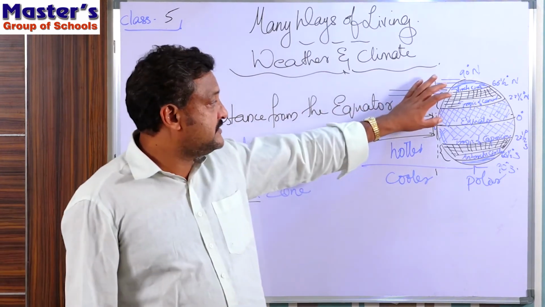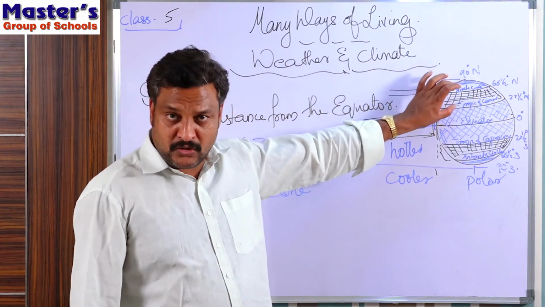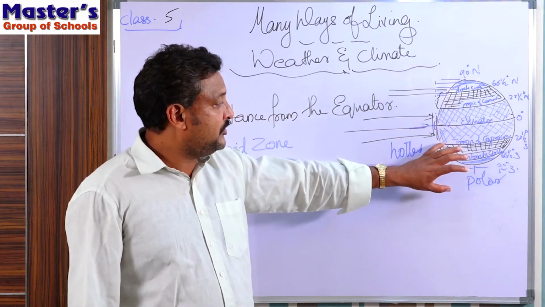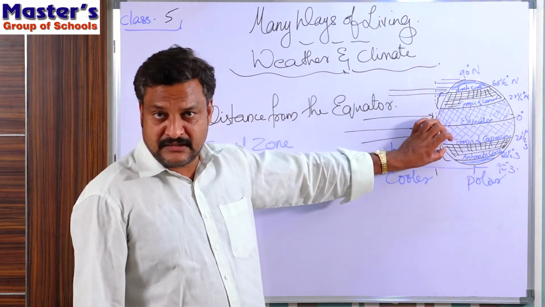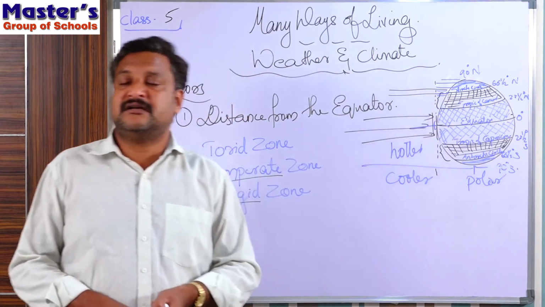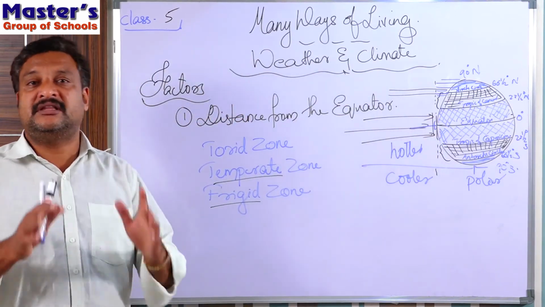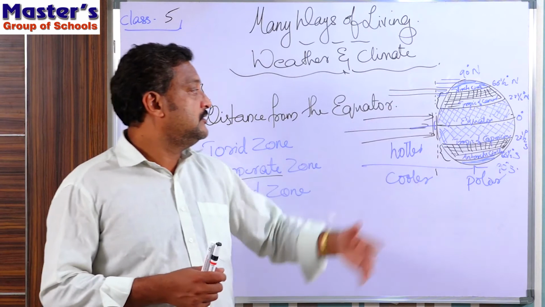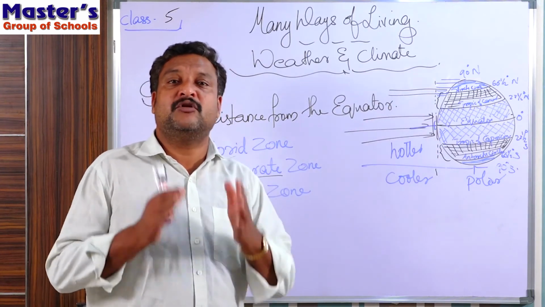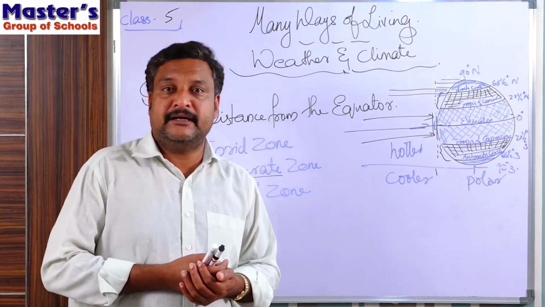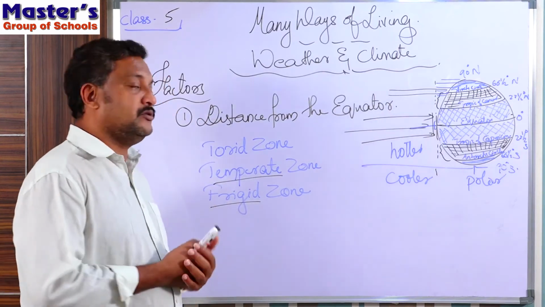In between Arctic Circle and the Tropic of Cancer in the northern hemisphere, Tropic of Capricorn and Antarctic Circle in the southern hemisphere, the sun rays are not that hot as it was in the torrid zone. So they receive moderate sunshine, and that is known as a temperate zone.